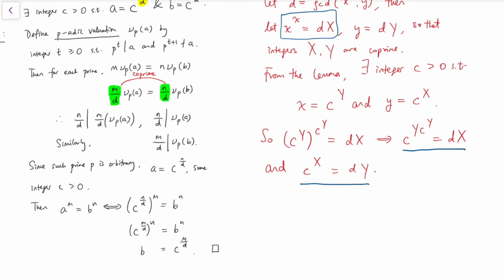To use them together, I'm going to multiply both sides of the first by big Y and multiply both sides of the second by big X. So then both expressions equal d times big X times big Y.